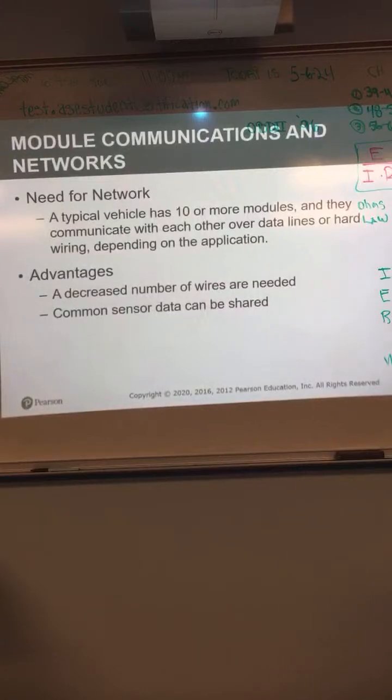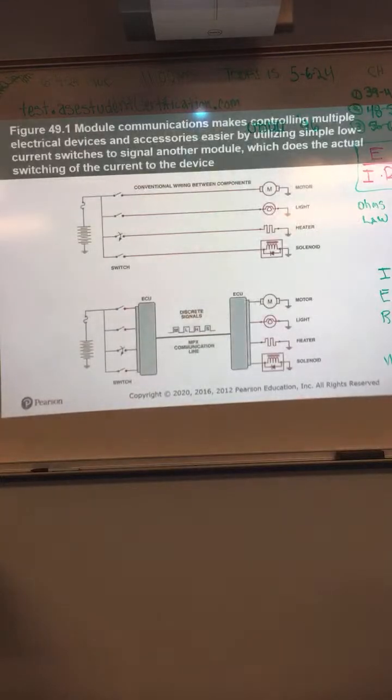Obviously, you don't need near as many wires on the car if the sensor data can be shared, and they can communicate with each other through these lines of communication. Module communication makes controlling multiple electrical devices and accessories easier by utilizing simple current switches to signal another module, which does the actual switching of the current to the device.